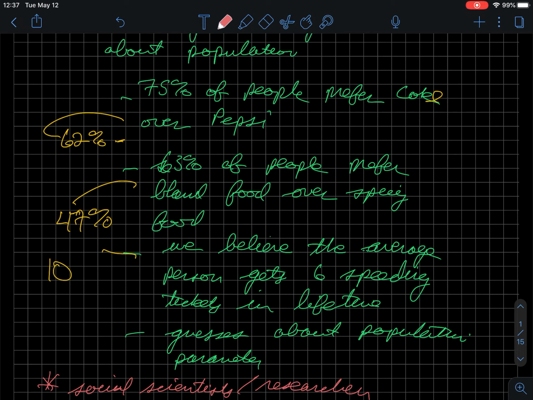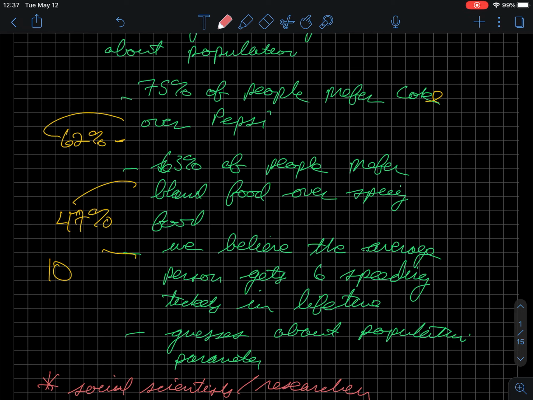Basically, all of these are statements about the effect of what happens in the population. Sometimes these are proportions, sometimes these are means, sometimes they're something else.